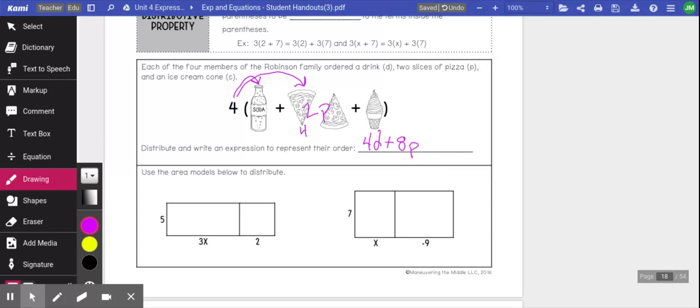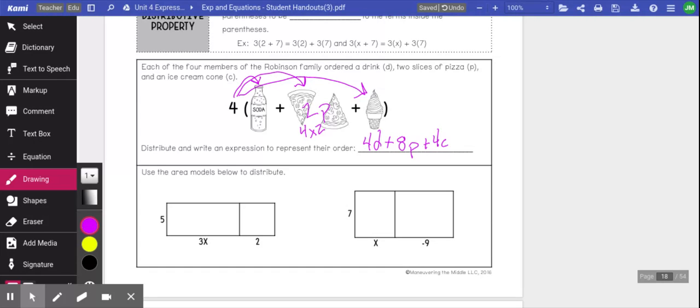We have 4 times 2. And then 4 times 1 cone each. So we would end up having 4 cones. So taking that distributive property and distributing the number that's on the outside, in this case 4 family members, to each of the terms on the inside of the parentheses.